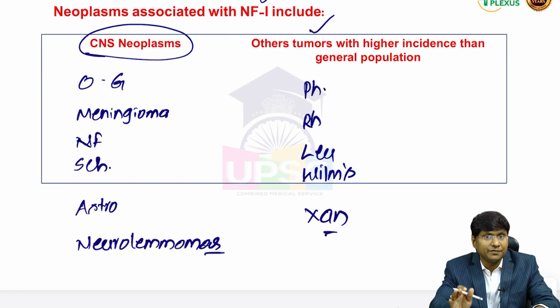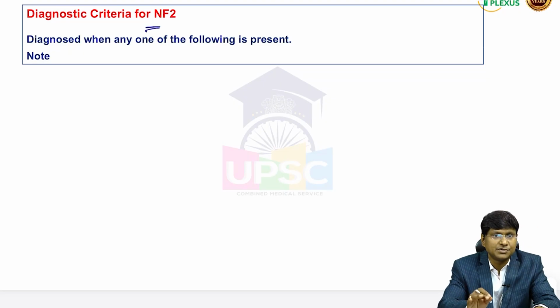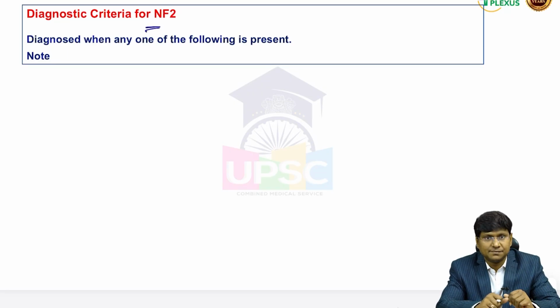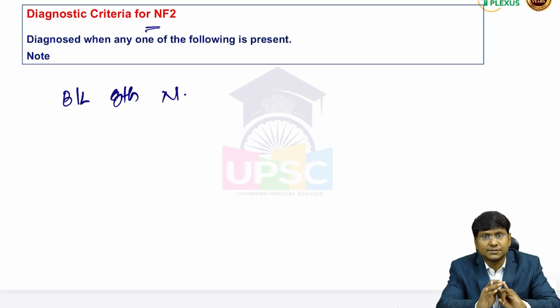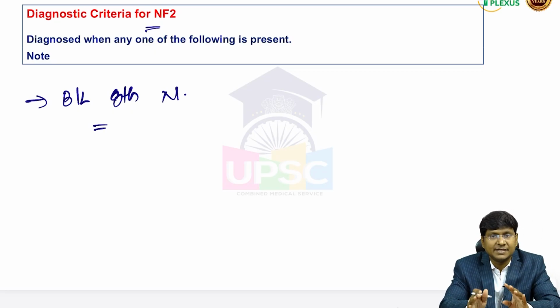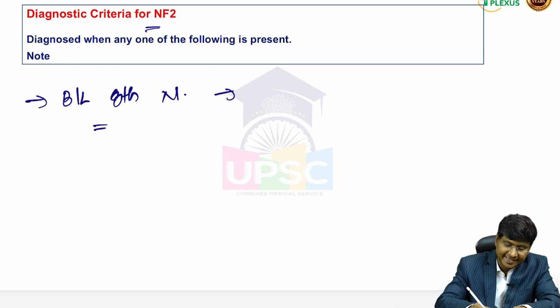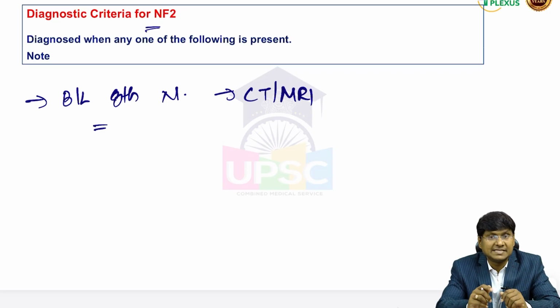Whereas in neurofibromatosis type 2, the diagnostic criteria require an 8th nerve mass. Okay, so a bilateral 8th nerve mass consistent with acoustic neuroma, demonstrated by CT or MRI, right?